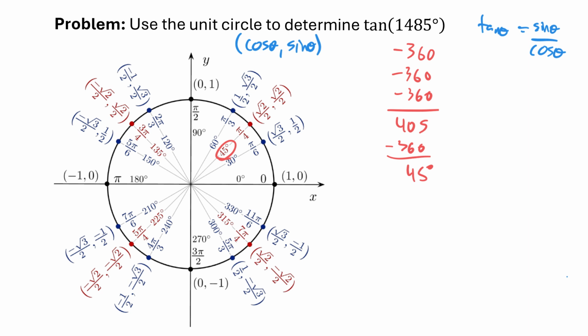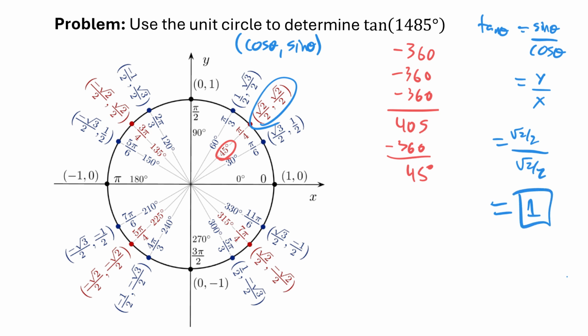So we need to take the y value of the coordinate and divide it by the x value of the coordinate. So if this is our coordinate right here at 45, we need to take the y value, root 2 over 2, and divide it by the x value, root 2 over 2. Now, thankfully, this is a pretty easy division question because the same number divided by the same number, even if it's like a crazy number with radicals, is just going to be 1. And so the answer to tan of 1,485 degrees is 1.